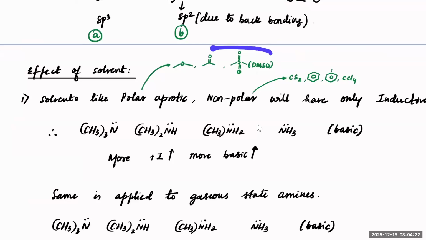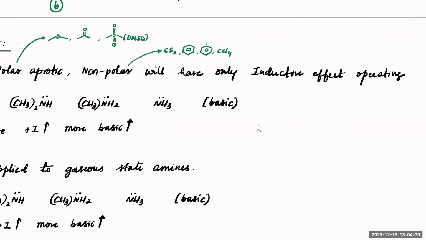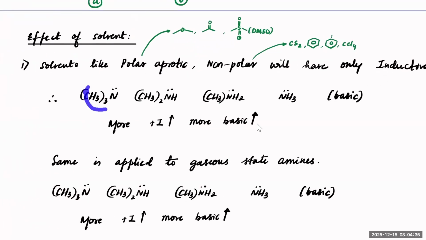So in case you have polar aprotic solutions or non-polar solutions, the basic nature is decided only on the basis of inductive effect. So if I have 3-degree amine, 2-degree amine, 1-degree amine, and 0-degree, which means ammonia, in that case, the higher the alkyl groups, the more is the plus I effect.